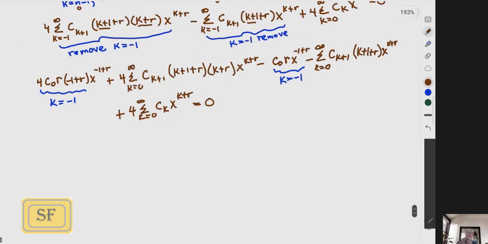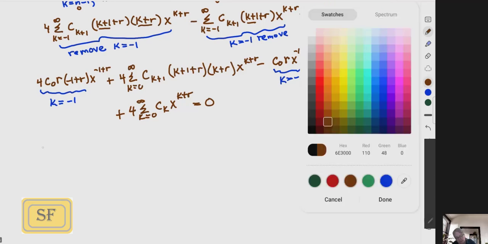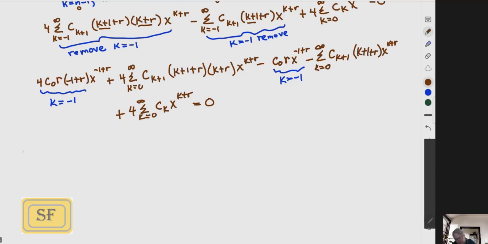Okay, so now I'm going to combine those terms that I took out of the summations together. And all of my summations will have a common x to the k plus r that I'll be able to factor out, just like we did with the general power series solutions. So let's pull those terms together from outside, and that gives me 4C0R.